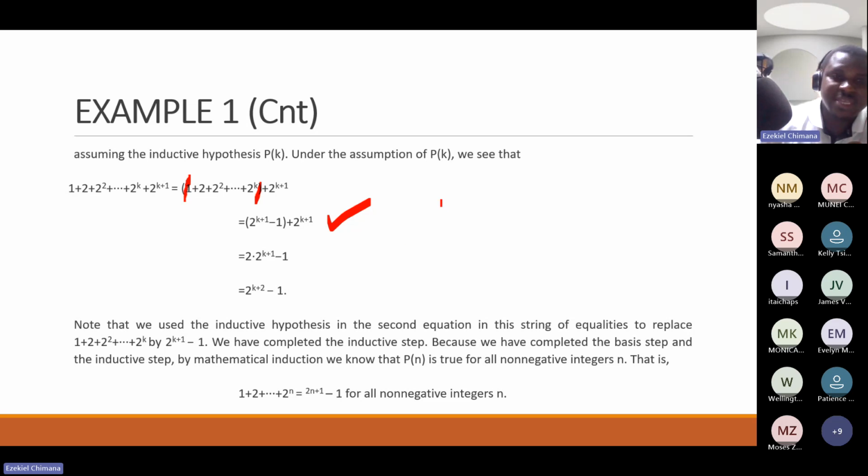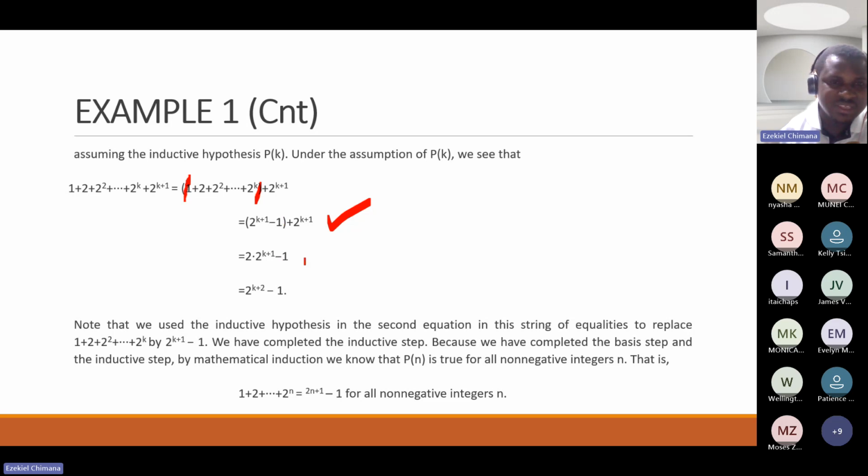If you say x plus x, you are going to get 2x, right? So it's just the same as saying x plus x, you're going to get 2x. That's why I've got 2 times 2 to the power k plus 1 and then minus 1. Because this bracket, you can just move it, because we are just adding. We are not multiplying.